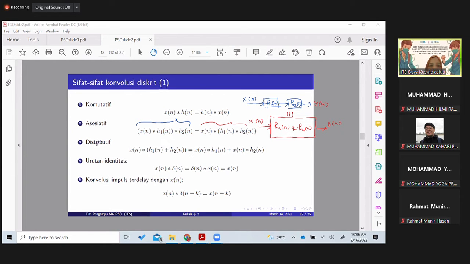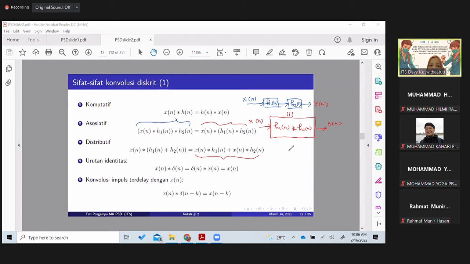And for the distributive property here, if we have two systems to convolve, we could do the convolution between x[n] and these two systems, or we could do the convolution individually with both of the systems like this.